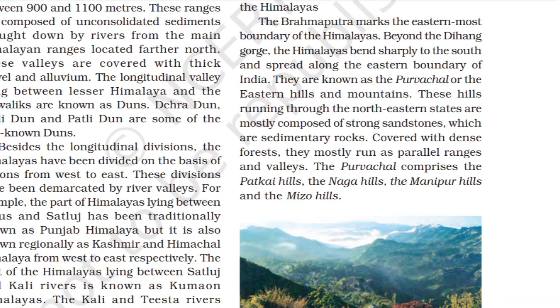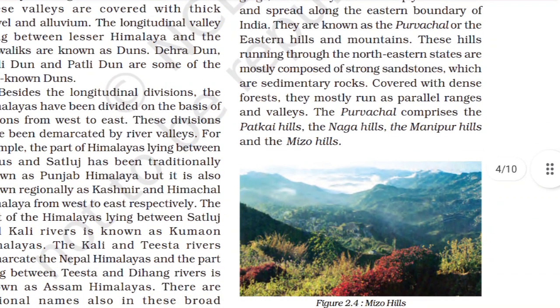Besides the longitudinal divisions, the Himalayas have been divided on the basis of regions from west to east. These divisions have been demarcated by river valleys. For example, the part of the Himalayas lying between the Indus and Satluj has been traditionally known as the Punjab Himalayas, but it is also known regionally as the Kashmir and Himachal Himalayas from the west to the east respectively.